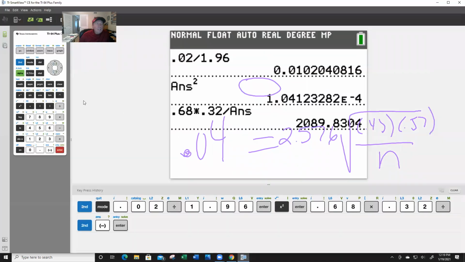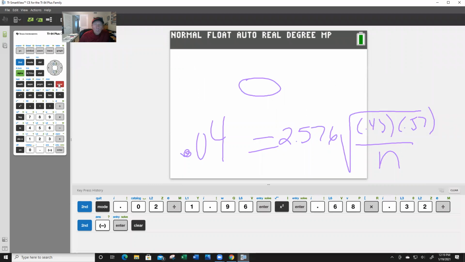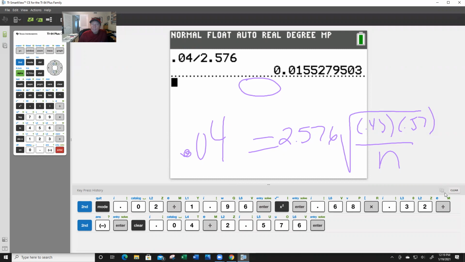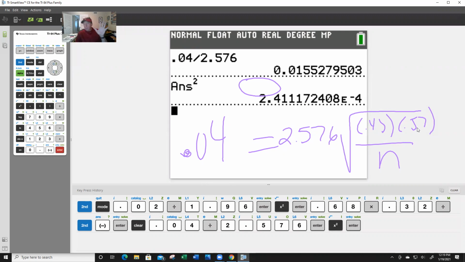So the first thing I'm gonna do is I'm gonna go 0.04, you can see the equation, divided by 2.576. And you get that. And then I'm gonna square it. And you get this little tiny number. Don't mess with it.